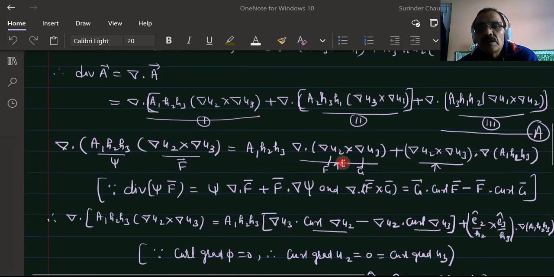After substitution, the first component will remain as it is, and the left hand side is the same. When you substitute this component value, del dot f cross g is equal to del dot of f cross g vector.